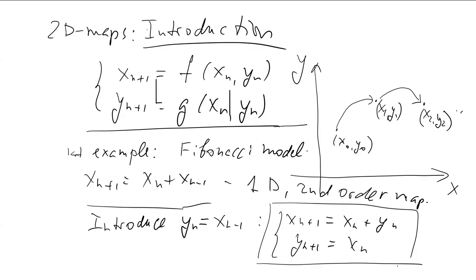Next example, also we've seen it before. It is a map on the complex plane. We discussed this when we were considering Mandelbrot sets.